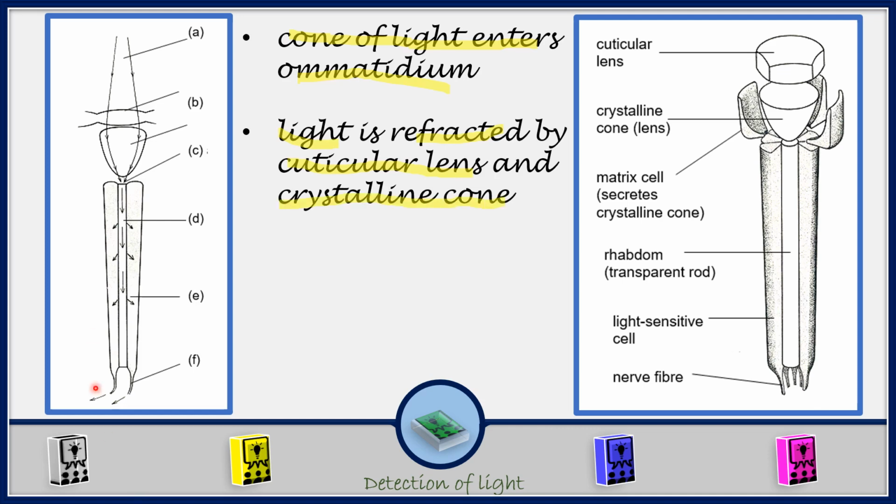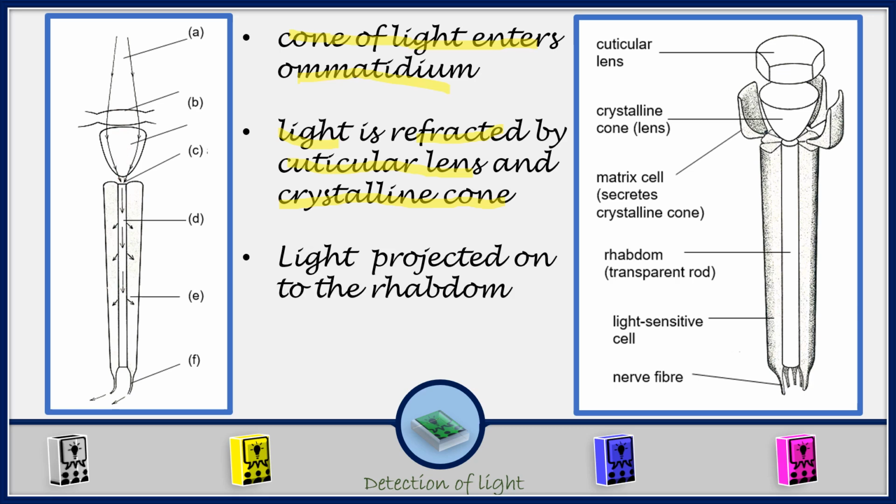Here we have the lenticular lens, and then here the crystalline cone. So light is going to be refracted through the cuticular lens, and then it will also be refracted through the crystalline cone. That is at part B.